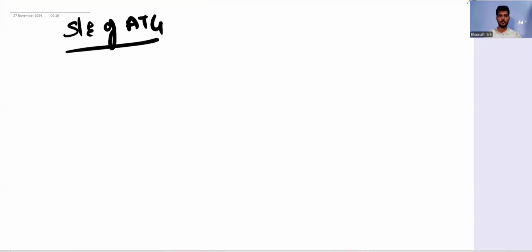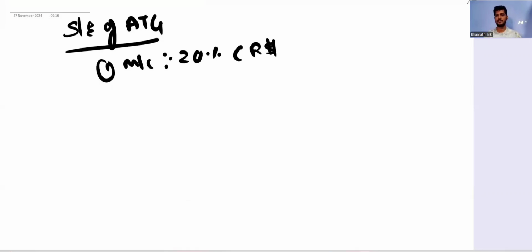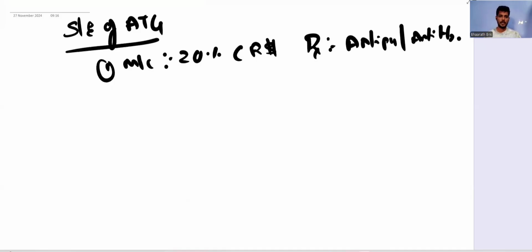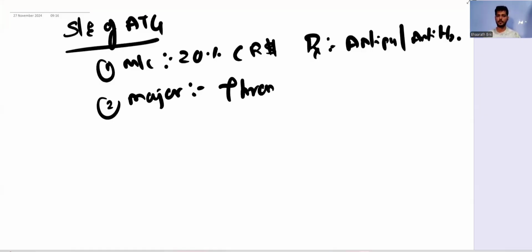Now, what are the other side effects of antithymocyte globulin? First, as I told you, most commonly in 20% of patients, cytokine release syndrome is seen, which is self-limiting. You may need to give antipyretics and antihistamines. But the major side effect is, as I told you, because it is polyclonal, it is not specific. It reduces the platelets and produces thrombocytopenia.